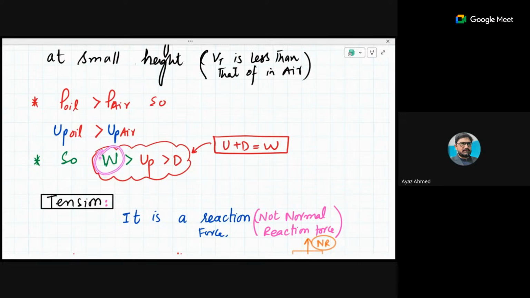Weight would be greatest in that case, upthrust second greatest, and drag the smallest force. Drag and upthrust combined will be equal to weight. So up to this point I have explained everything that will help you with questions on drag, pressure, and density behavior.